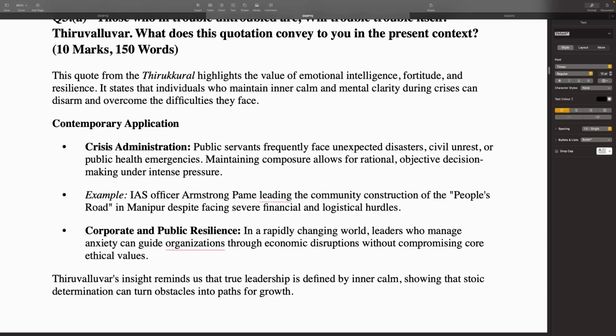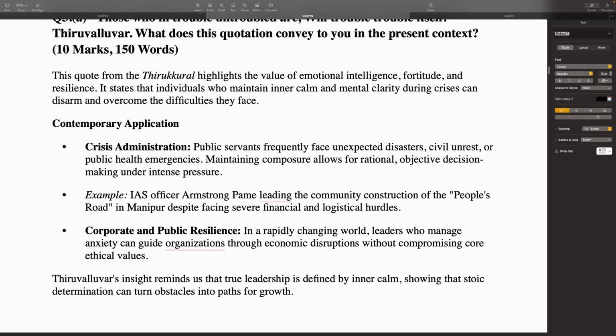Example, IAS officer Armstrong Pame leading the community construction of the People's Road in Manipur despite facing severe financial and logistical hurdles. I'm sorry if I mispronounced the second name of this IAS officer. Corporate and public resilience.